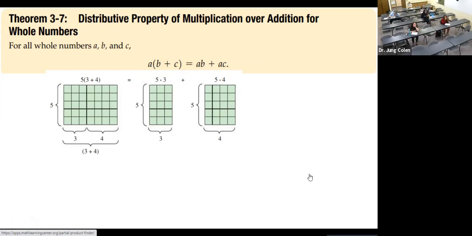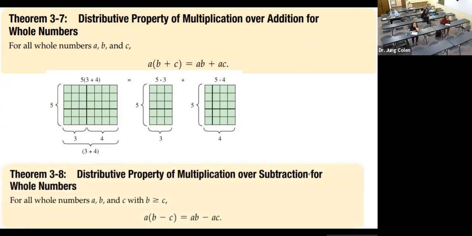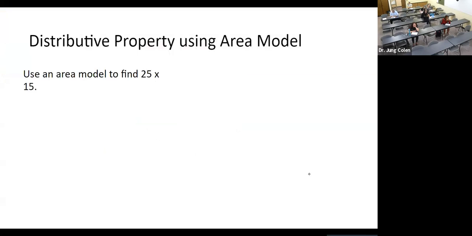Then you can show 5 times 3 plus 5 times 4, the same as 5 times 7. That is distributive property. Right? So 5 times 3 is shown here, 5 times 4 is shown here. Okay? Alright. But subtraction is the same thing. We can just distribute that. Okay, area model. So we know this.